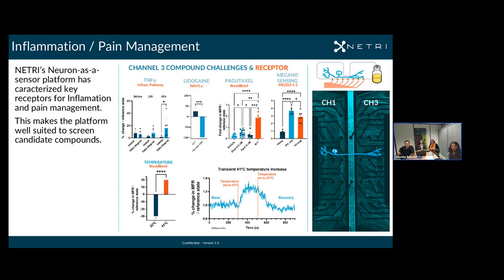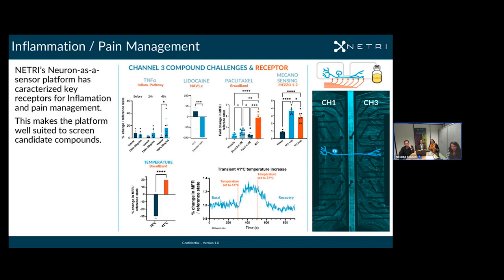Regarding pain, the same platform of sensory neurons on a compartmentalized MEA can be used for inflammation or pain management. By using, for example, a time response protocol, we were able to show a difference in the response to temperature when our cultures are treated with vehicle or treated with a known compound for inflammatory pathways such as TNF-alpha.